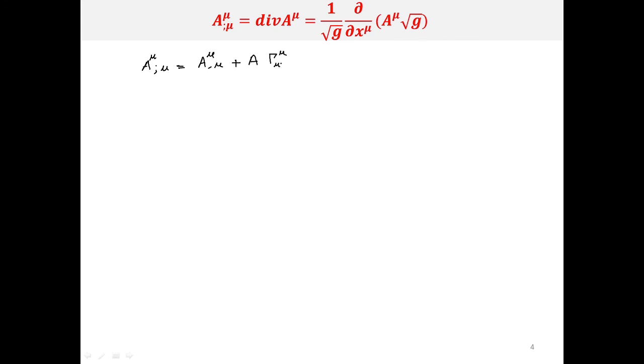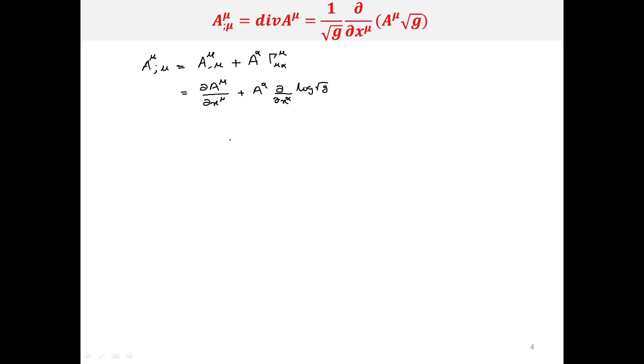Now you have to add a new index, let it be α, so you can put α here also. Now its value is ∂A^μ by ∂x^μ plus A^α into, what is the value of Γ^μ_{μα}? If the covariant and contravariant indices of this particular Christoffel symbol are equal, then its value will be the derivative with respect to the other index, that is ∂ by ∂x^α into log root g.